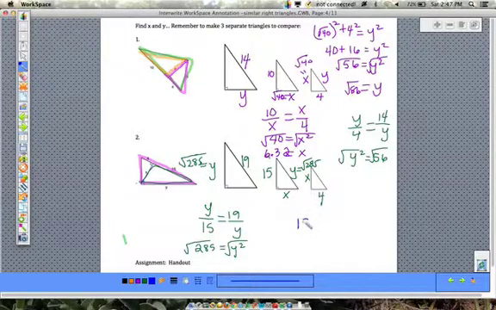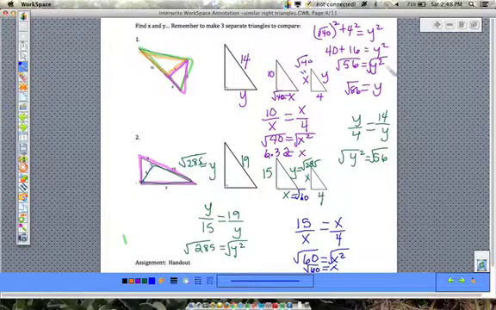So 15 over x equals x over 4. 15 times 4 is 60 equals x squared. Take the square root of both sides. So x equals the square root of 60. So then I've solved all my missing sides.